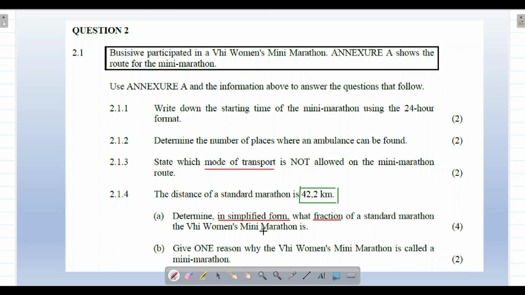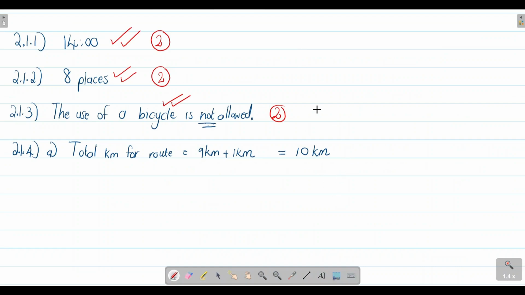So the first thing that I'm going to choose to do is convert these kilometers into meters, okay? So we know that when we're using our table of conversions, or remember this, when you go from kilometers to meters, we multiply by 1,000. Or we know that 1 kilometer is equal to 1,000 meters.